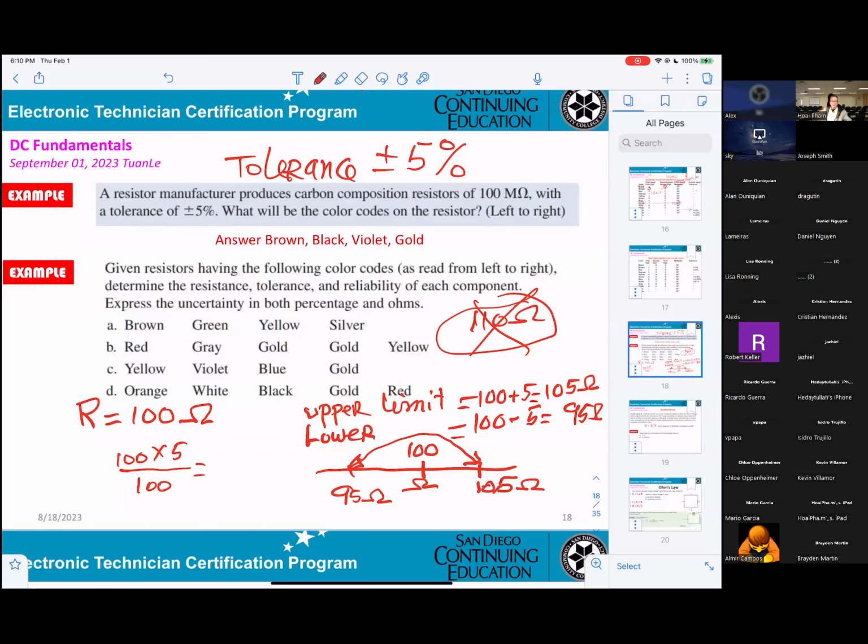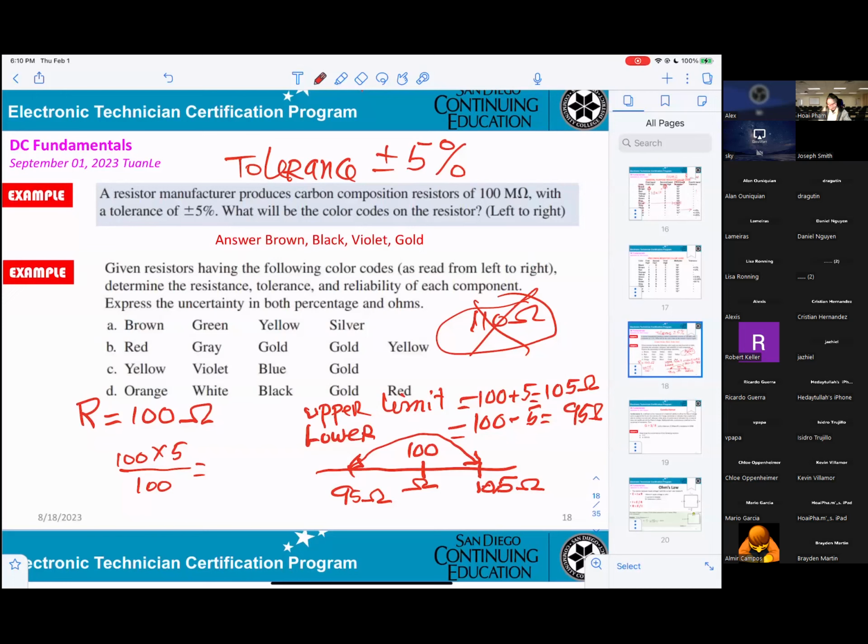That's why everything has to have a tolerance, plus or minus something. If you get 94 ohm, no. If you get 97 ohm, that's okay, right? Right. Or you get 102 ohm, that's good enough, right? Right. They have to be within the tolerance.